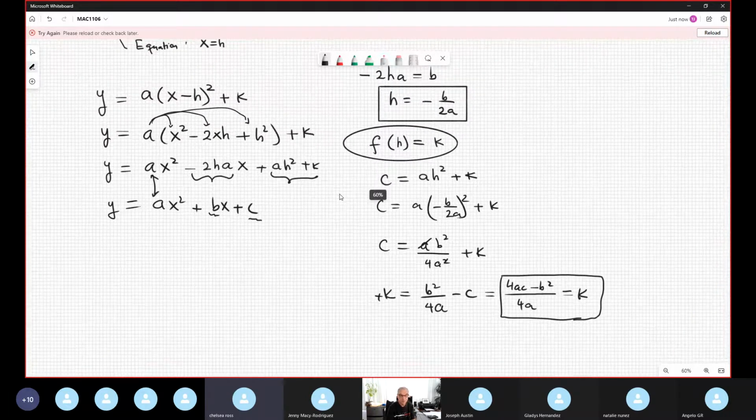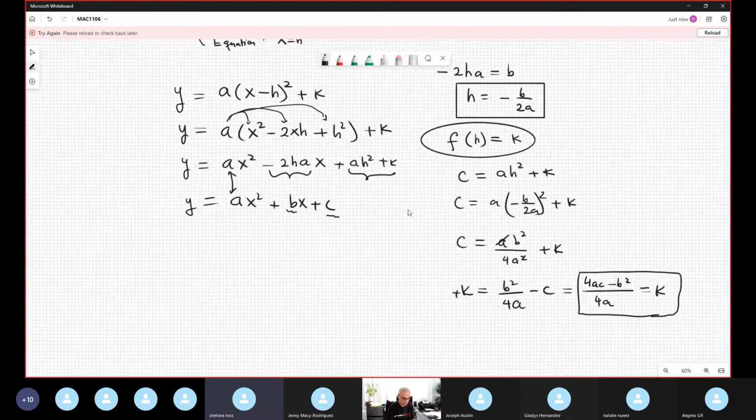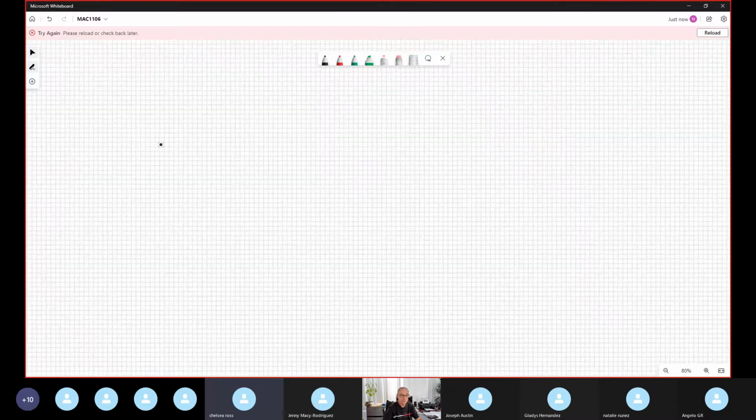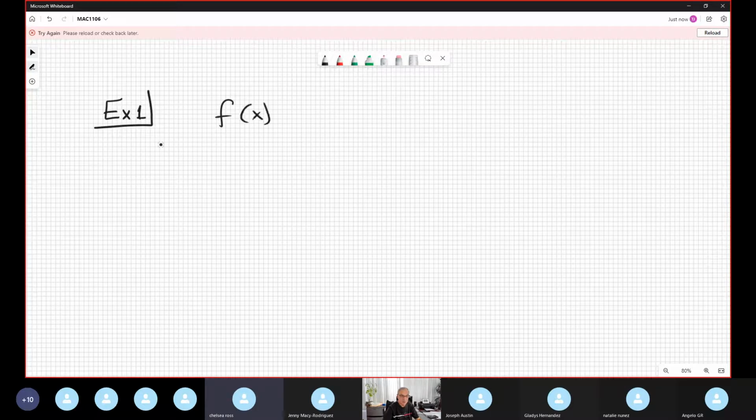In the example you realize whether the parabola given in the example is given in standard form or in slope-intercept form, and you apply the corresponding formulas, because my goal is to do the graph of the parabola. Example 1. Okay, f of x, we study, guys, remember, quadratic functions.